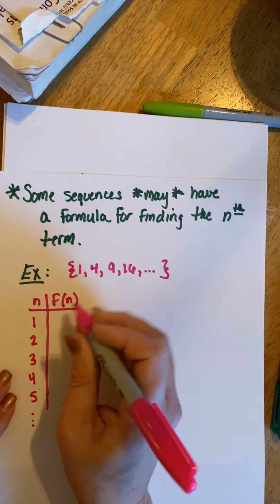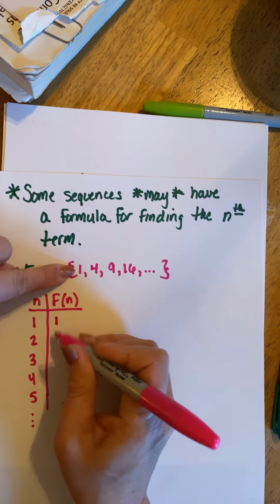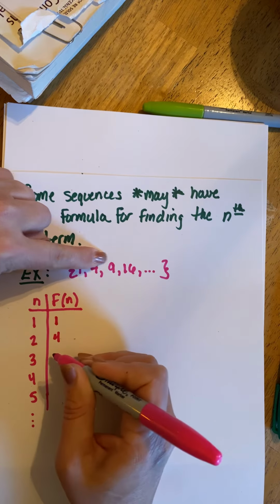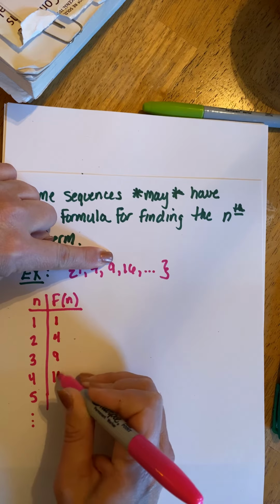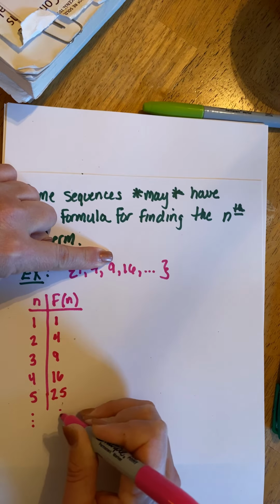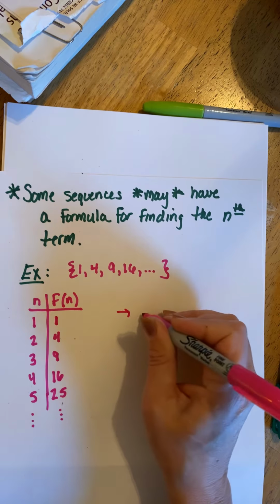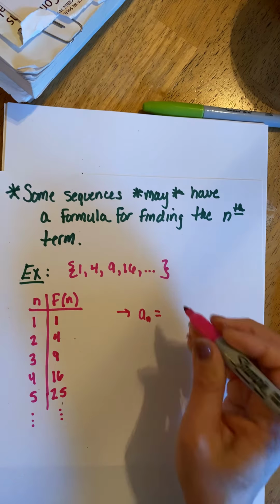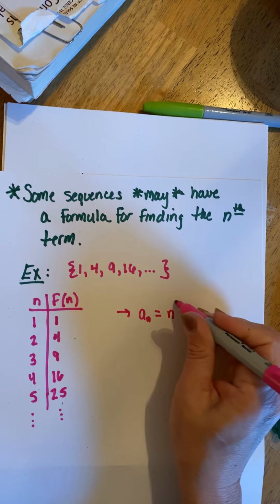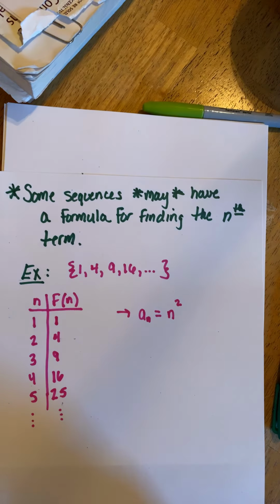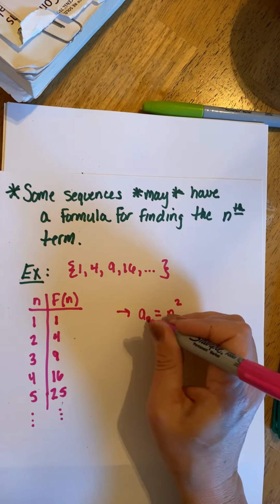The output at the first term was 1, the second term was 4, the third term was 9, 16, so I'm just assuming the pattern continues. Okay. So here we could say that the nth term is just whatever the value of n is squared. So that would be the template for this particular sequence.